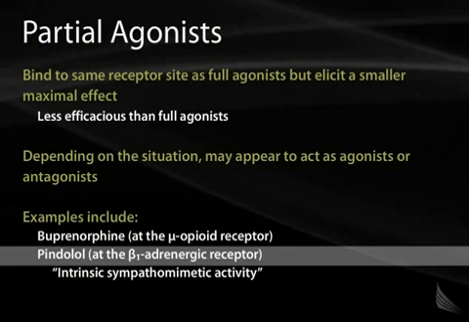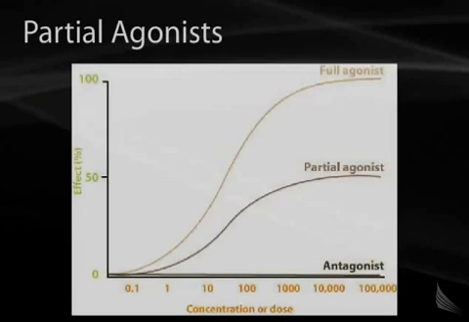This partial agonist may actually appear to be an antagonist, because its effect at receptor R is lower than the agonist's. But if there's not a lot of agonist around, then adding this partial agonist will actually appear to be an agonal response instead of an antagonal response. As you can see, partial agonists are less effective than full agonists over time.